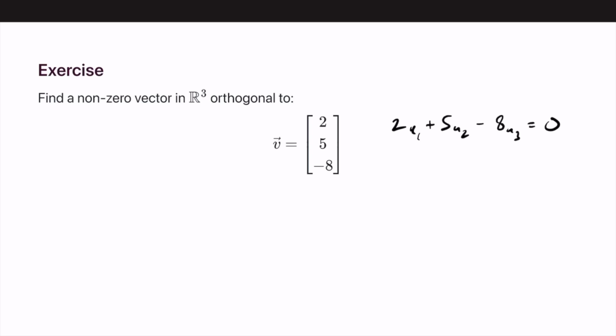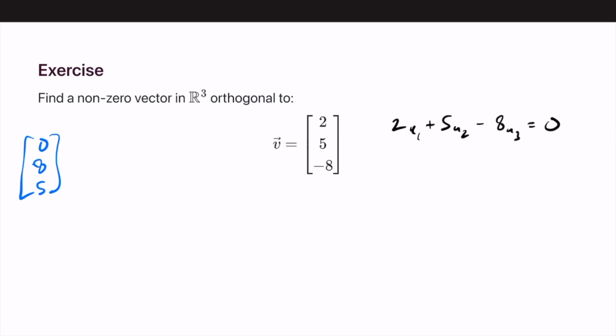So for example, a really quick one could be, probably one of the simplest ones is just to set one of these equal to 0. So we would have 0 for one of them, and then you just invert 5 and 8. Since one of these is negative, we'd say 8 and 5. So by getting 0, we get rid of the 2. So the 2 is gone, and then we have a negative here. So we just need to multiply the 5 by an 8 and the 8 by a 5, and they'll cancel each other out to equal 0.